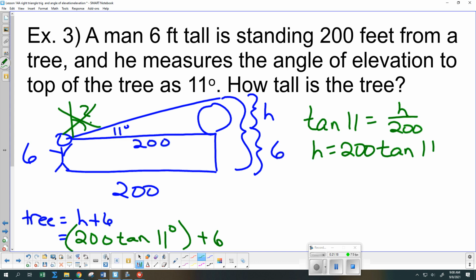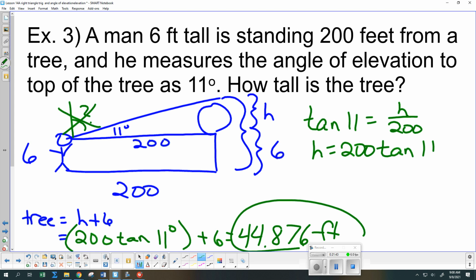Everybody have that? We really want plus 6, so do a plus 6 now. And Sarah, what did you get? Anybody else? 44.876? And we label that feet.